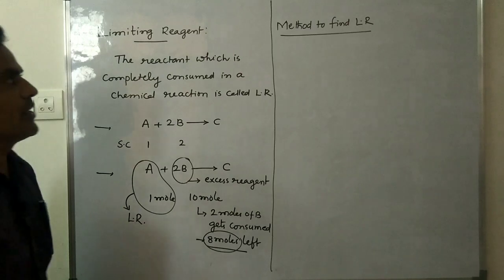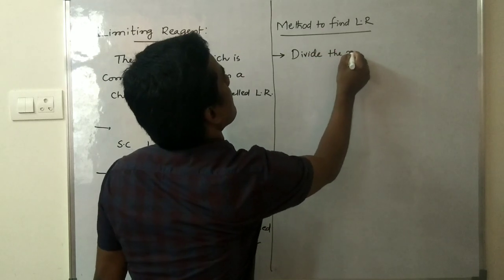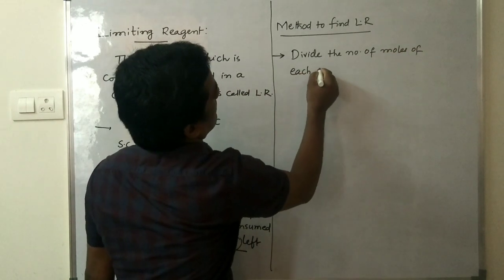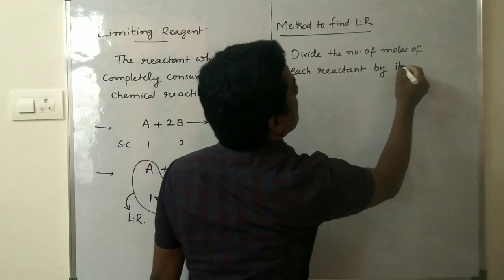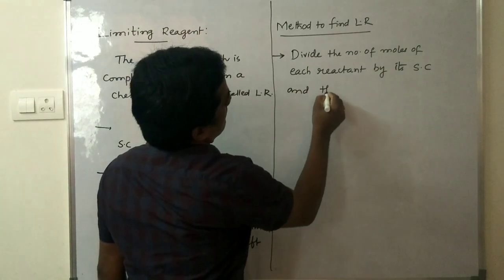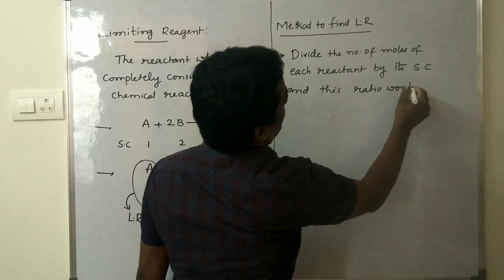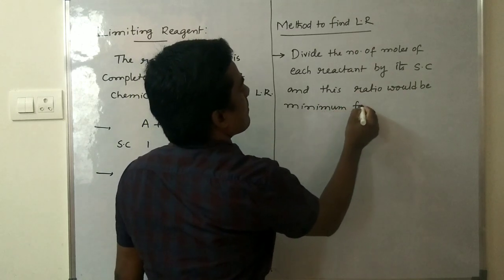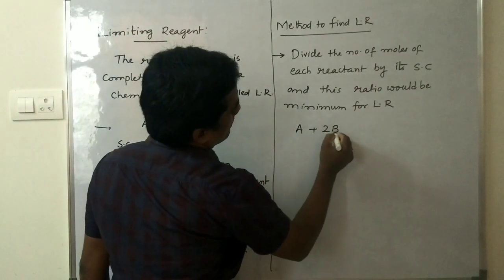Divide the number of moles of each reactant by its stoichiometric coefficient, and this ratio would be minimum for the limiting reagent.